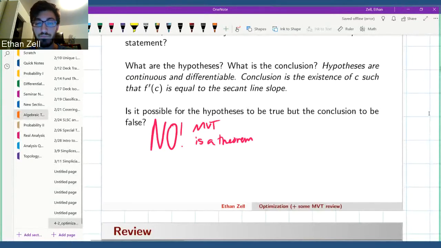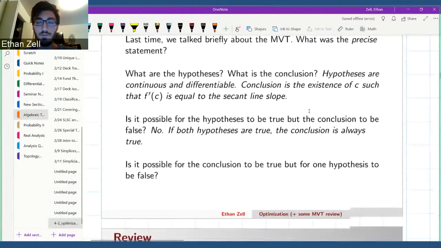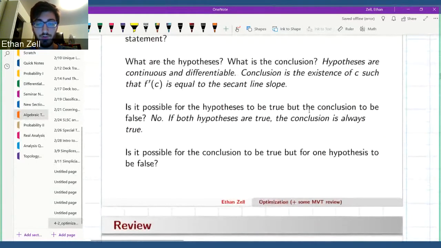But we did talk about looking the other direction. We talked about if the conclusion is true, but one or more of the hypotheses is false, and we gave this example in class, which looked sort of like this. Is this familiar?